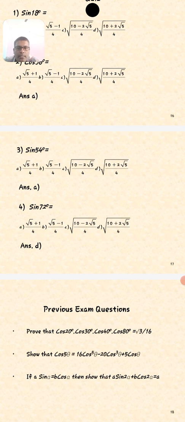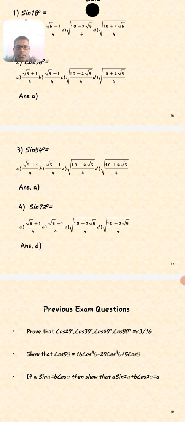Already we have done this type of problem using cos θ · cos(60 − θ) · cos(60 + θ), and also we multiply both sides with cos 30, and we get this proof.